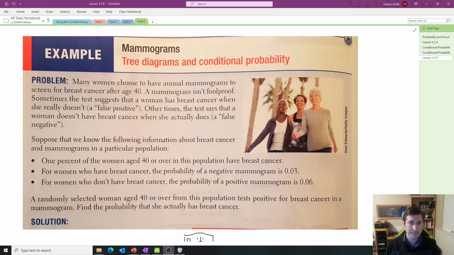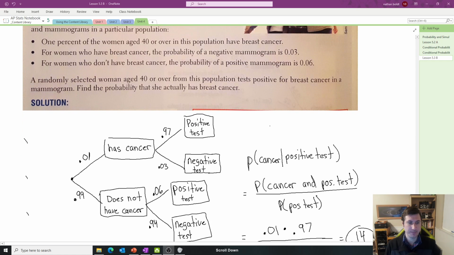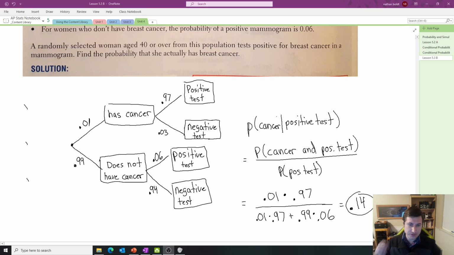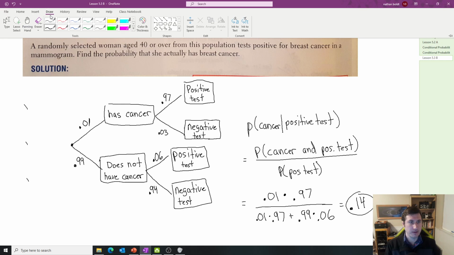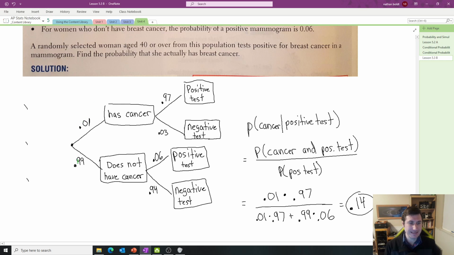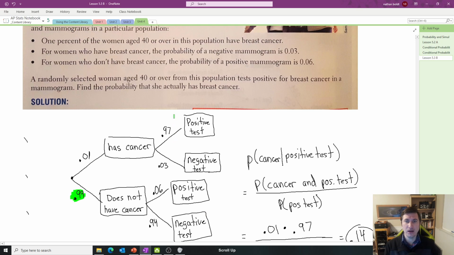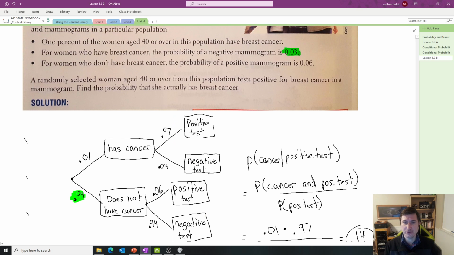Interesting medical application here. So here is the tree diagram that you have to do for this. So they first tell us there's a 1% chance of having cancer. All right, well that means there is a 99% chance that you don't. So you had to figure that one out. All right, then the other statistic they give us here is the 3%.